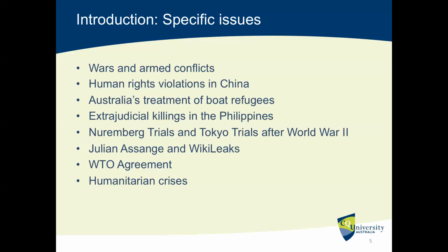We also have an instance of Julian Assange, the founder of WikiLeaks, who today continues to be holed up in the Ecuadorian embassy in the UK, in London in particular.